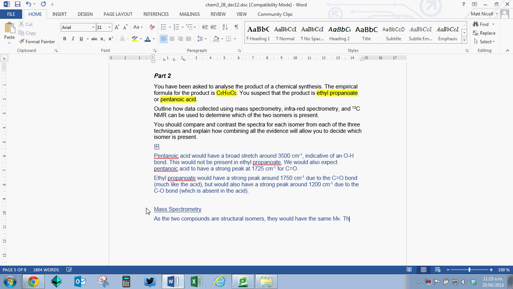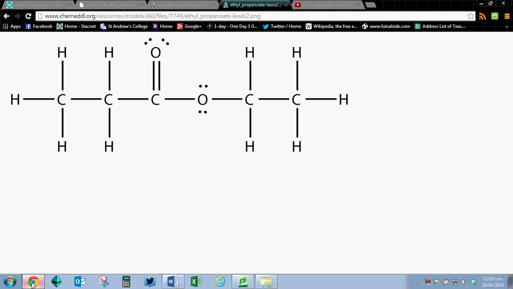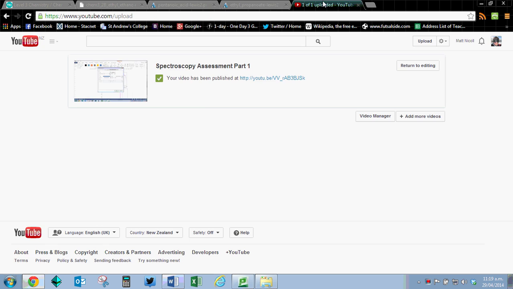Therefore, they would both have a peak at, now we're trying to remember this, 102, because their molar mass equals 102 grams per mole. However, if I look at the two structures, there's quite a clear difference.